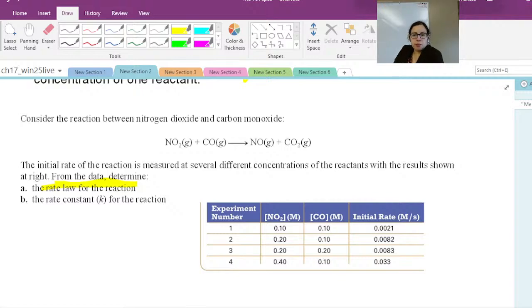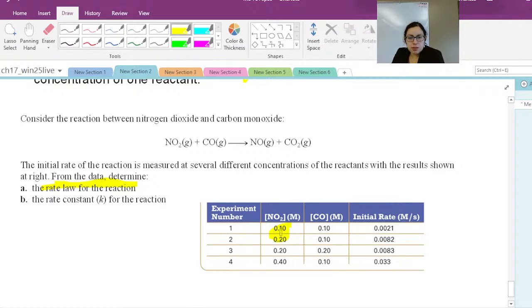So any thoughts on this one, or what are we noticing? I noticed that the levels through the initial work were like 4. That's a good observation. You were probably looking at these first 2 points, and noticing how the CO doesn't change, which is good, because we can't be trying to figure out 2 variables.